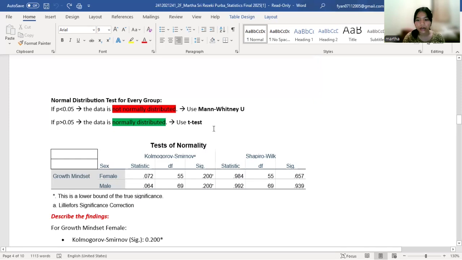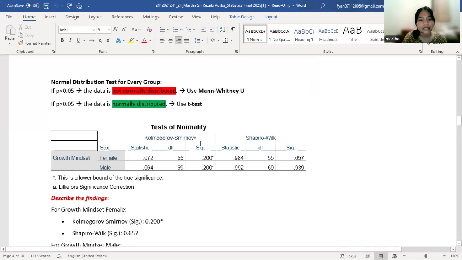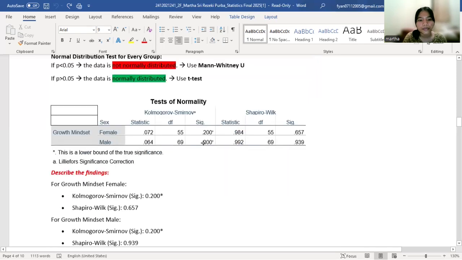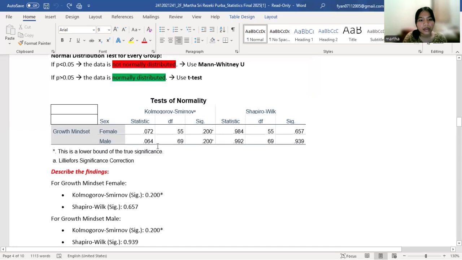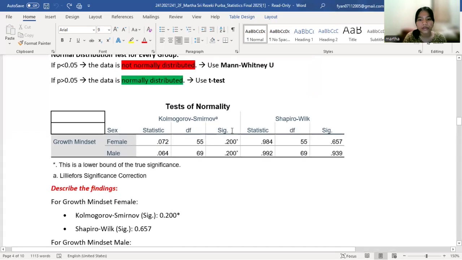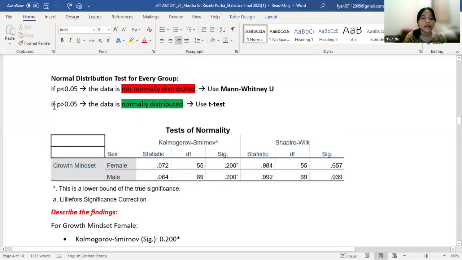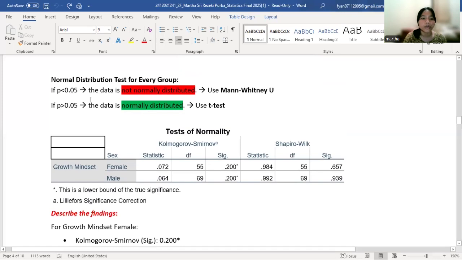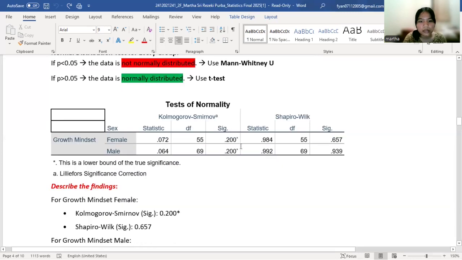Okay, after I'm doing the t-test, this is the test of normality. You can see from here the Kolmogorov-Smirnov and then Shapiro-Wilk. We just need to check one of them. Is it above 0.05 or is it below 0.05? Okay, we can see the sig here.